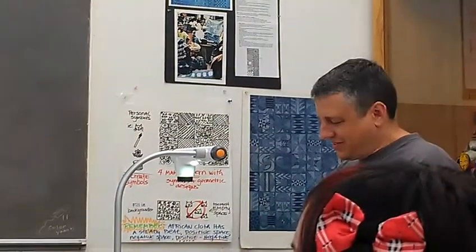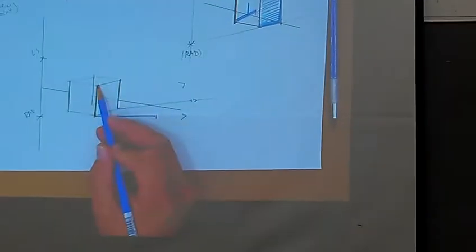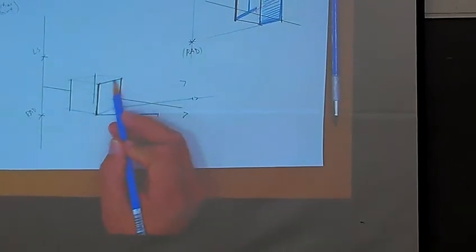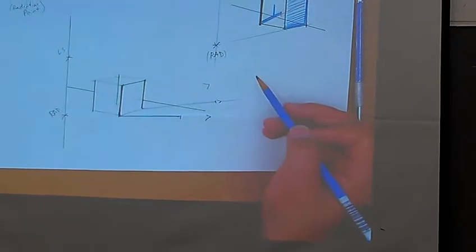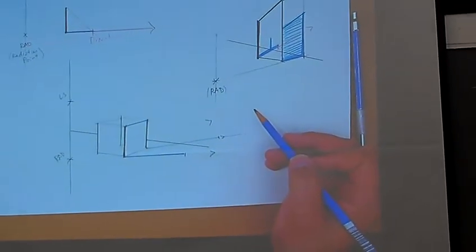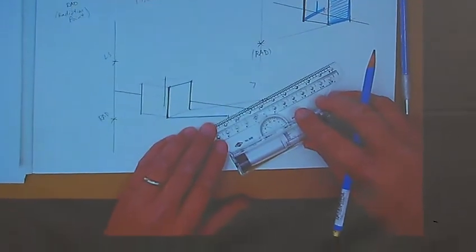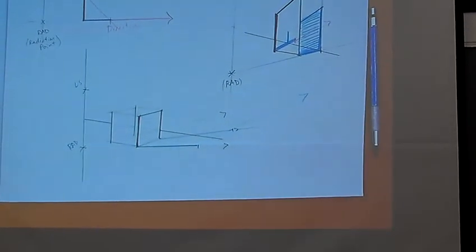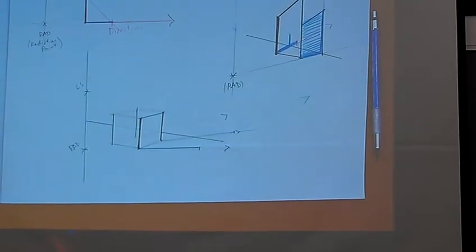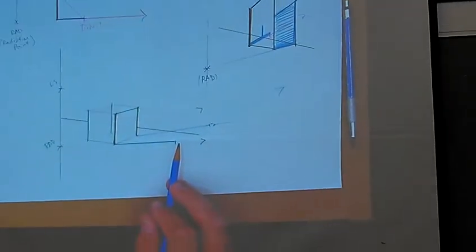But there's actually a trick. See this line here? This line is going to a vanishing point. That line's going to the same point. So if you have a line going to a VP, the shadow of that line will go to the same VP.